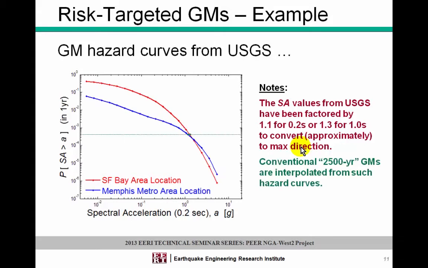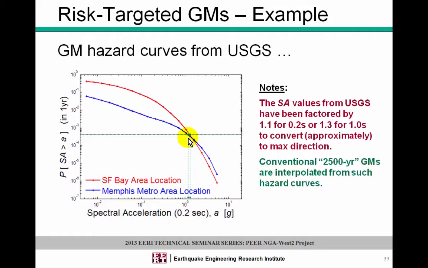And then the other thing to remember is that the conventional 2,500-year, or 2% probability of exceedance in 50-year, ground motions are interpolated from these types of hazard curves, just like the illustration here. An important thing to note is that for these two examples, the 2,500-year ground motions are pretty similar for San Francisco and Memphis.